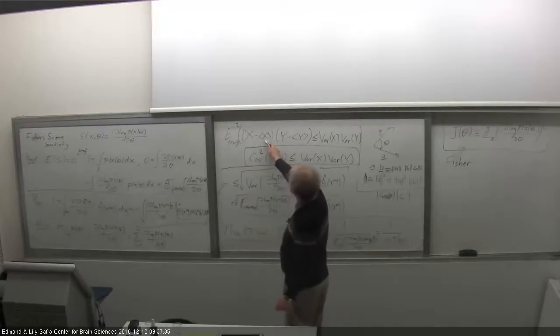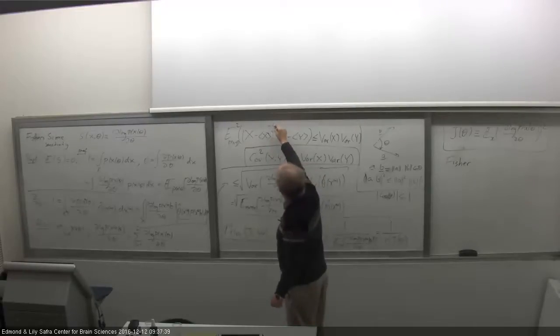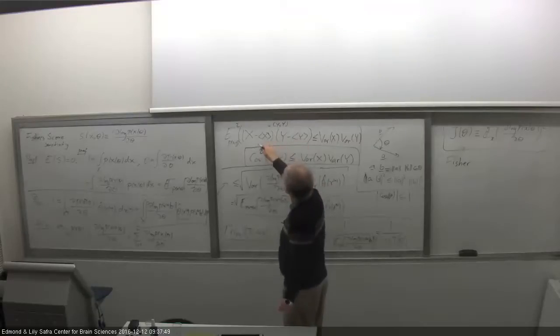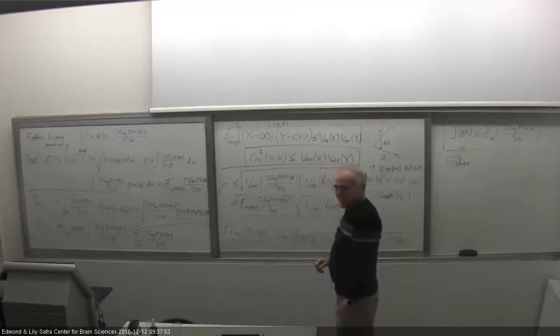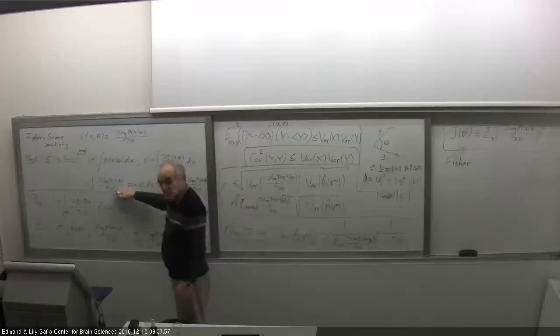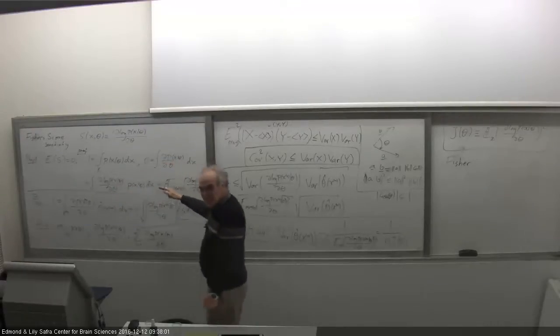If one of those means is 0, then this equals E of x times y, because the mixed term is 0. The mixed term always involves the product of these two or the product of one of these. So you're right. I used the fact that the mean of the score is 0, and this allowed me to.